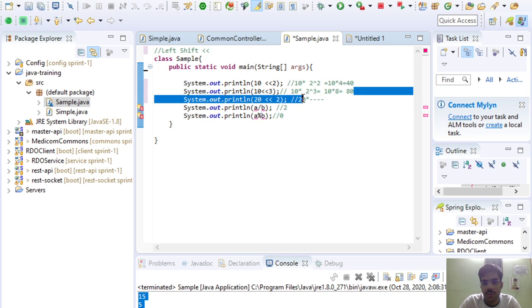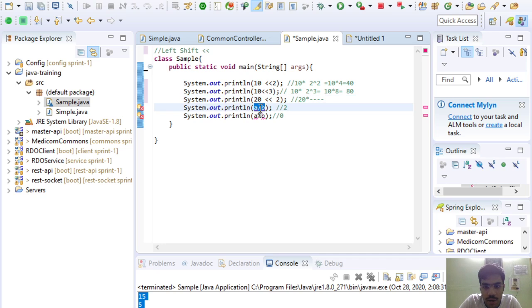Same thing as above. The result will be 80, 20 into 4. Okay, what if I declare 15 left shift of 4? Then 15 into 2 to the power of 4.